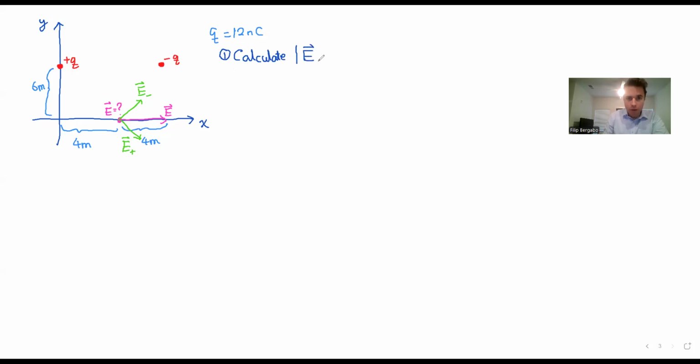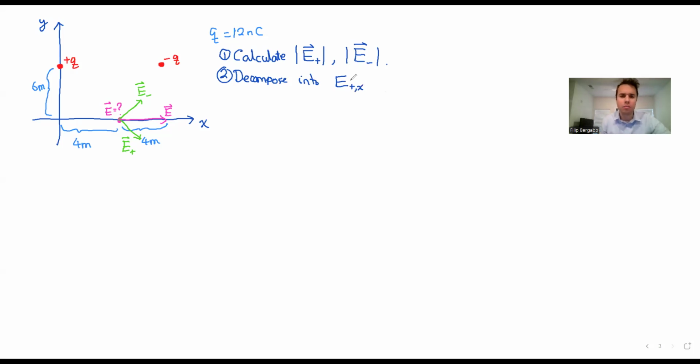So the magnitude of the electric field produced by the positive charge and the magnitude of the electric field produced by the negative charge. Then, now that we have both of those magnitudes, we can then decompose them into components. So we can get the electric field from the positive charge in the x direction.